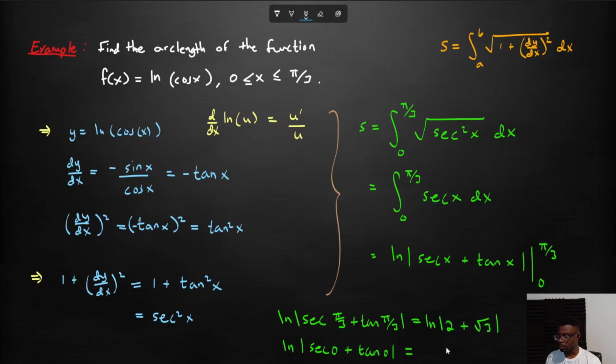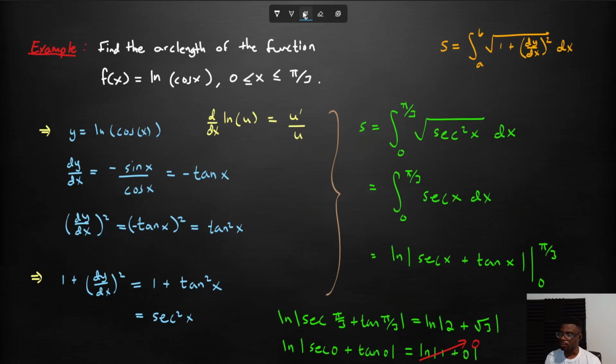And secant of 0 is equal to 1, so we have natural log of 1 plus tangent of 0. Tangent of 0 is 0, so plus 0 over here. And this just gives us natural log of 1, which of course is equal to 0. So this entire value here just goes to 0. So our final result is going to be natural log of 2 plus radical 3 minus 0.